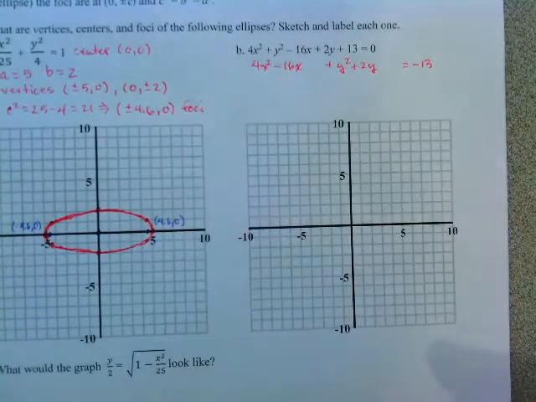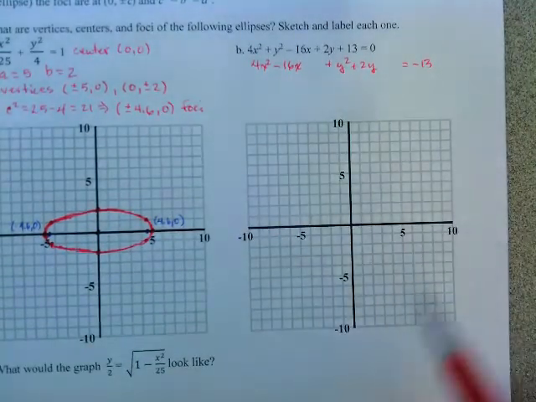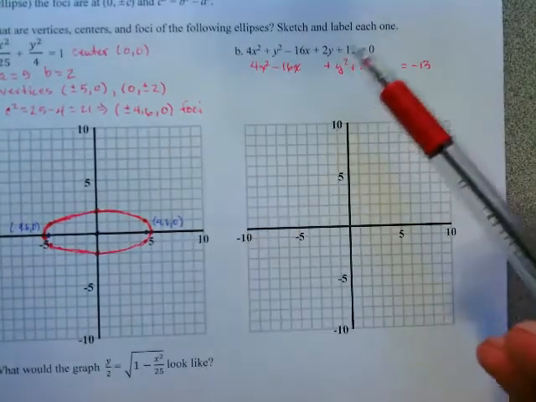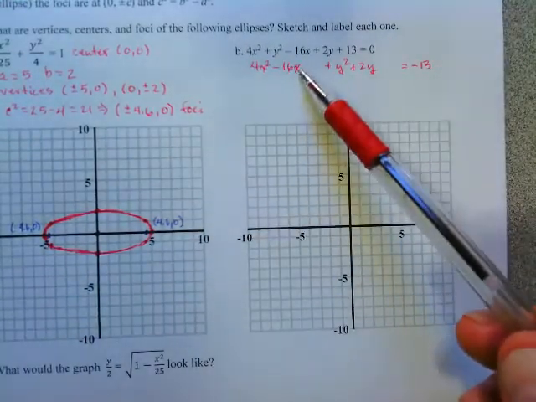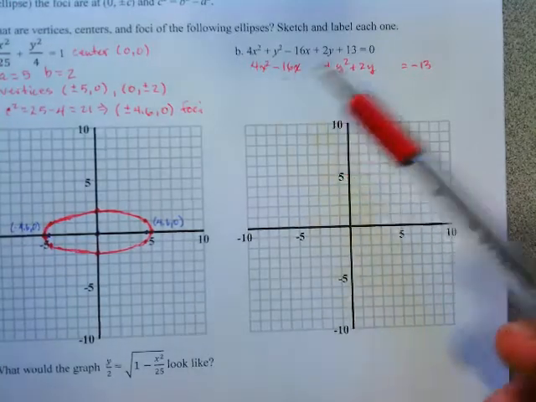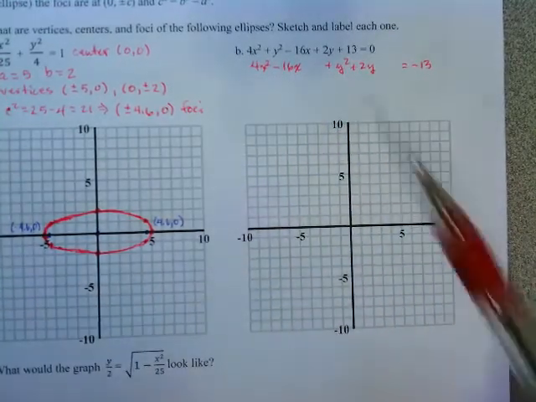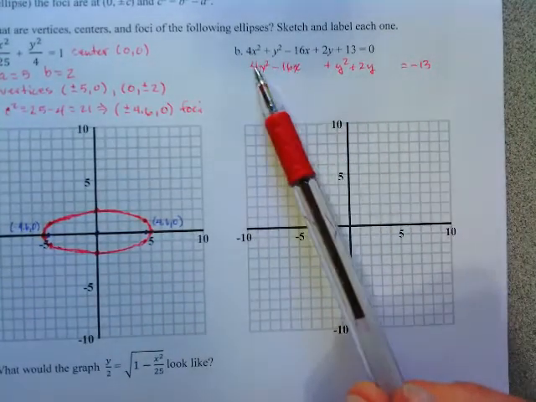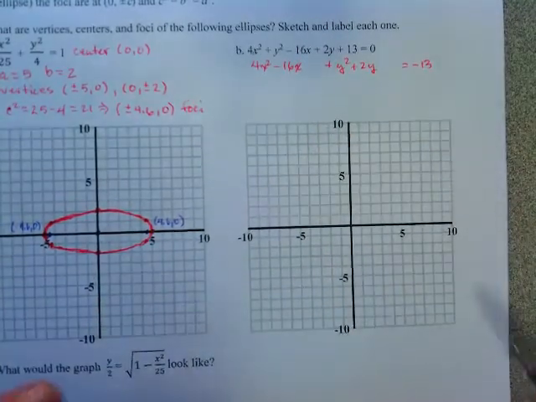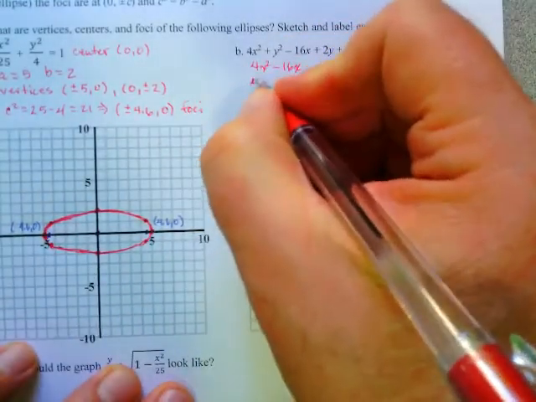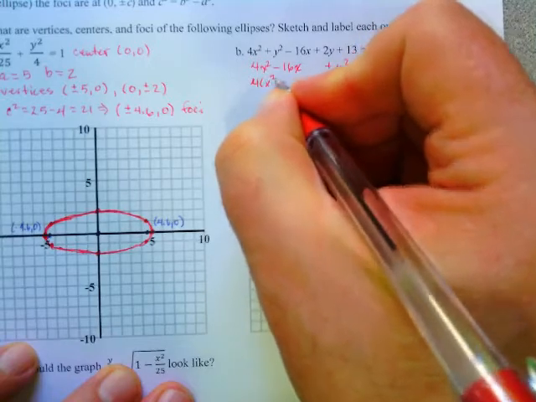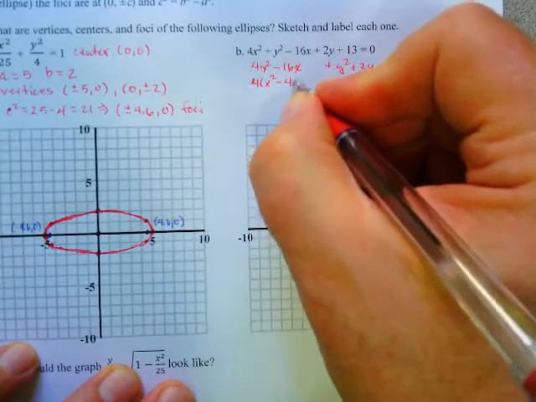Alright, now remember, complete the square. You look at the term without the squared, so the x and the y, cut it in half, square it, add to both sides. Now in this particular case, since I have a 4, I really need to take that 4 out. So now it looks like this.